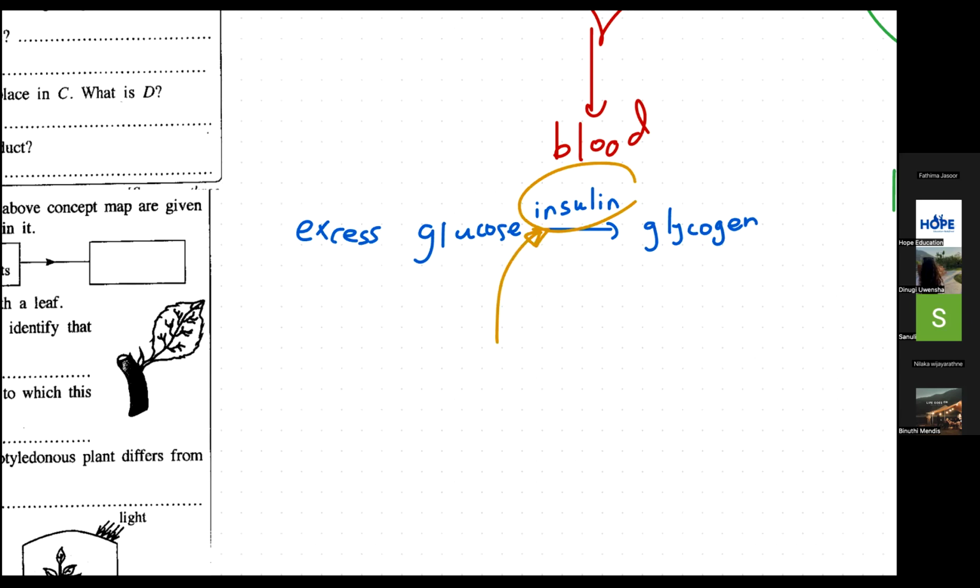Picture. Where is insulin secreted from? Yes, Sanuli, pancreas.